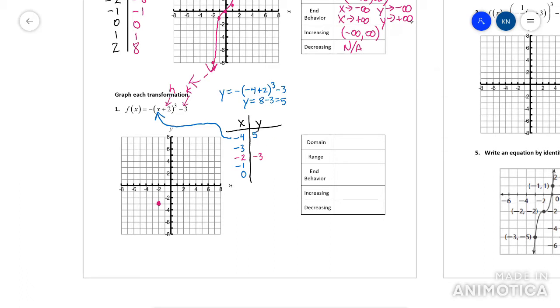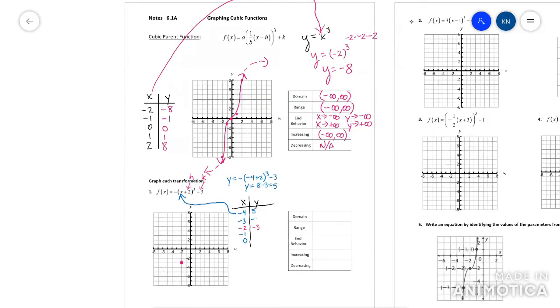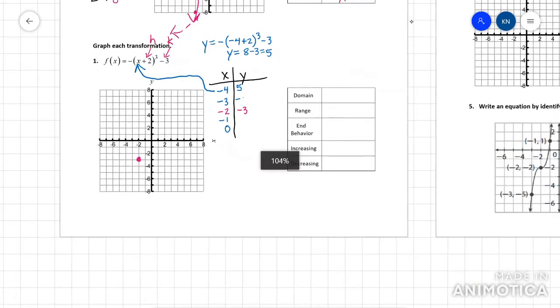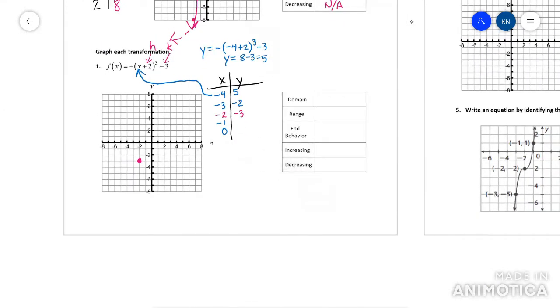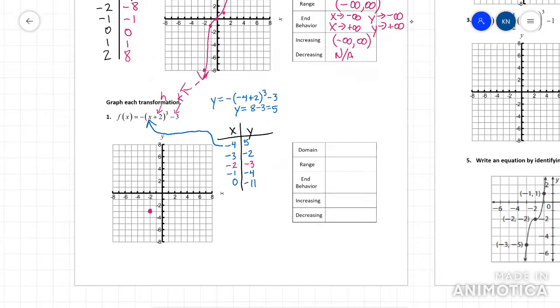So like the next one, I'm plugging in -3 into it, and I would get -2. Then I'm plugging in -1, I'm getting -4. And when I plug in 0, I get -11. So now I have some coordinates that I can plot. -4, 5.